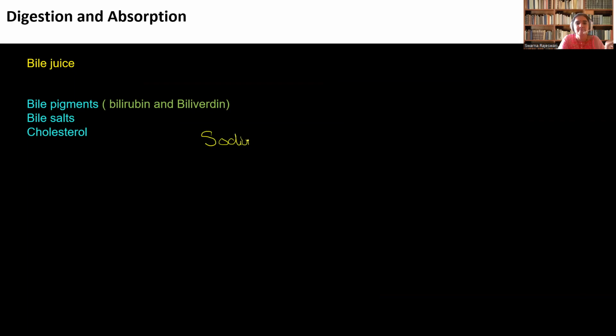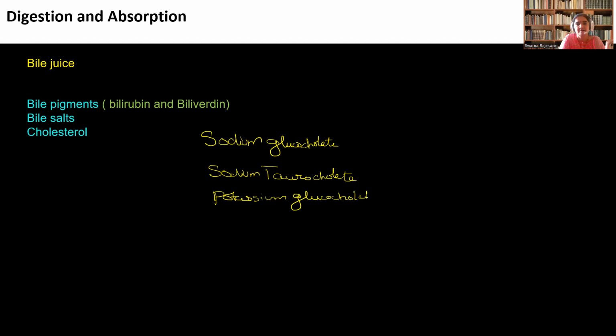sodium glucocolate and sodium taurocolate, as well as potassium glucocolate and potassium taurocolate.